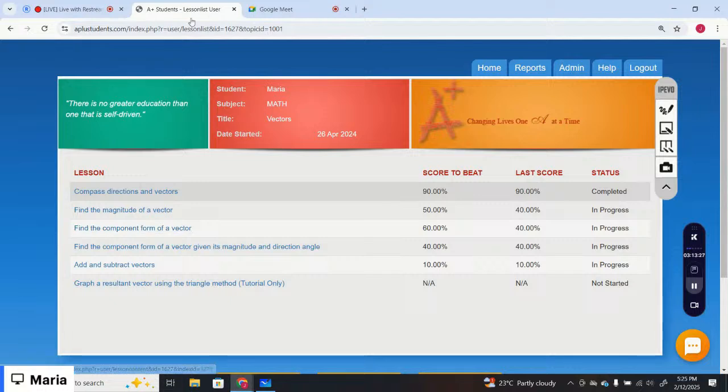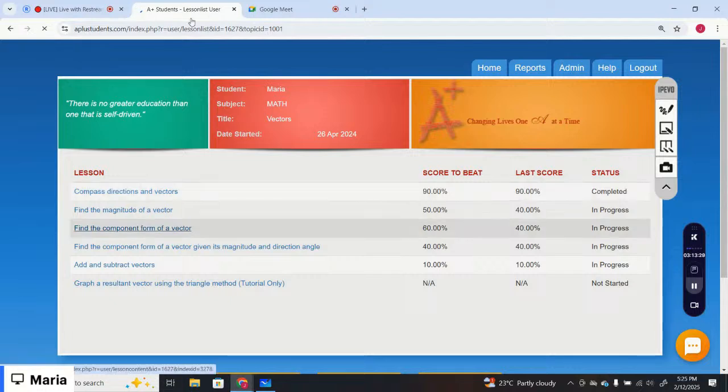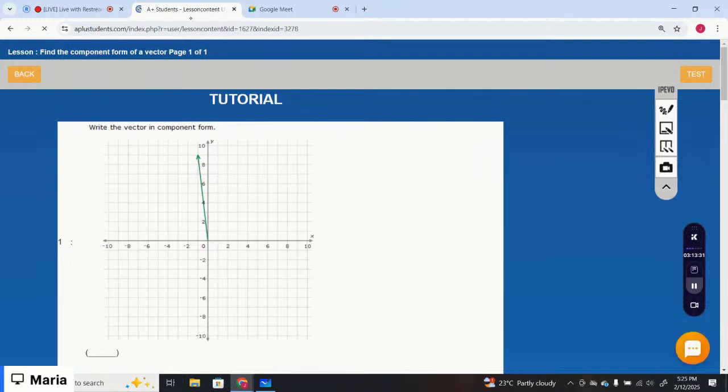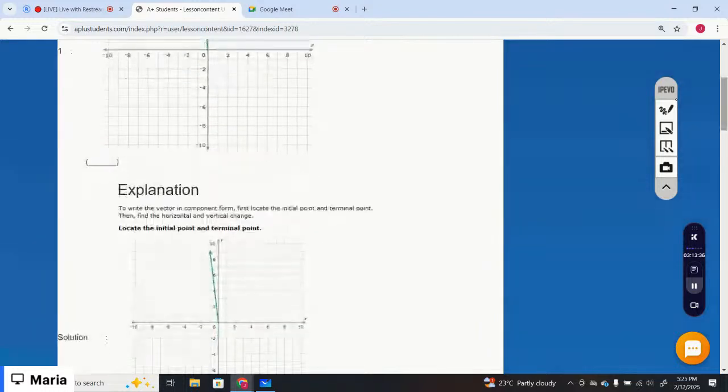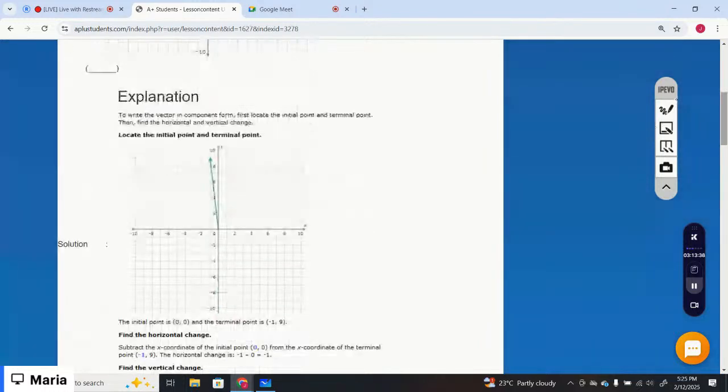Okay, the next one is find the component form of a vector. Now we're going to learn how to write a vector in component form. The initial point of the vector is at 0, 0, and the terminal point is at -1 and 9.